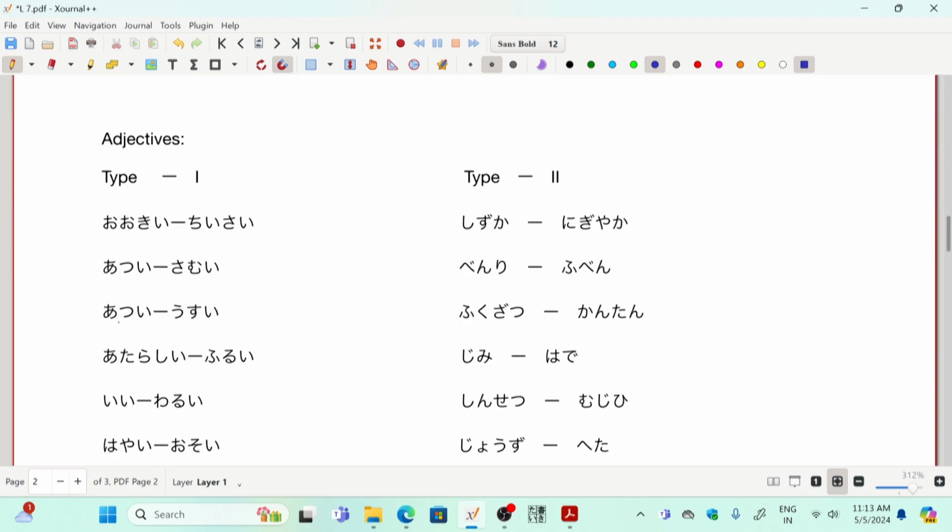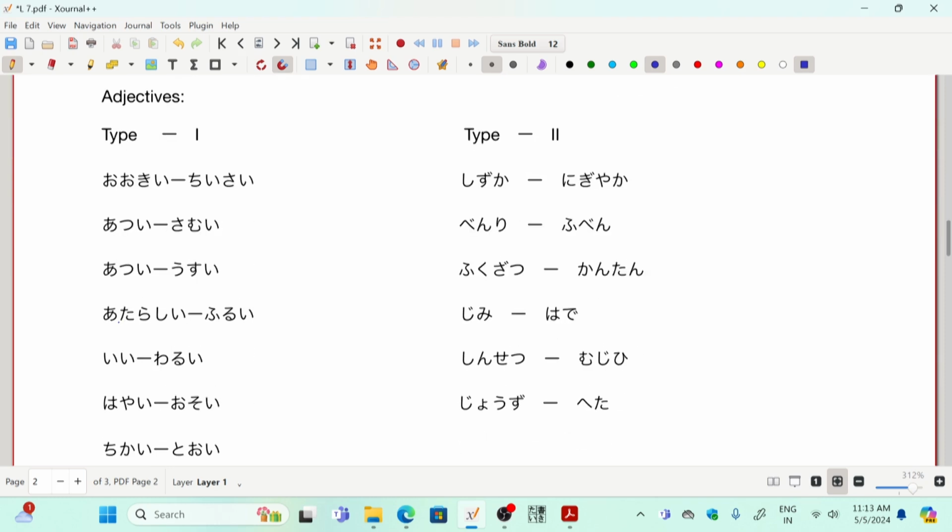Next we learn adjectives. So we know now that adjectives are of two types. The first type is called I type and second type is called Na type. All the adjectives ending with I are called I type adjectives, and those which don't end with I are Na type adjectives.